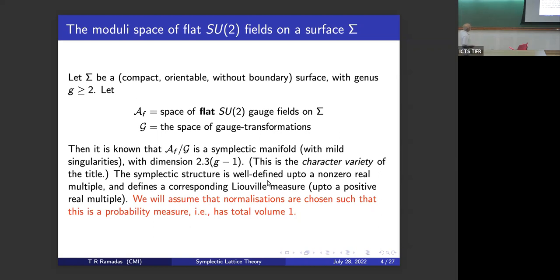For many reasons, it's useful to assume that the genus is at least 2. So this will be a running example that we will do for much of the talk. There'll be more interesting and physically relevant examples later.